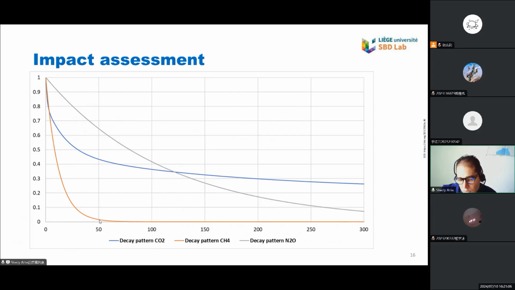So reaching 50 years after the release of the methane, we can say that it has a negligible presence in the atmosphere. However, the problem is mainly with CO2, because you can see there is a decay of CO2 presence.